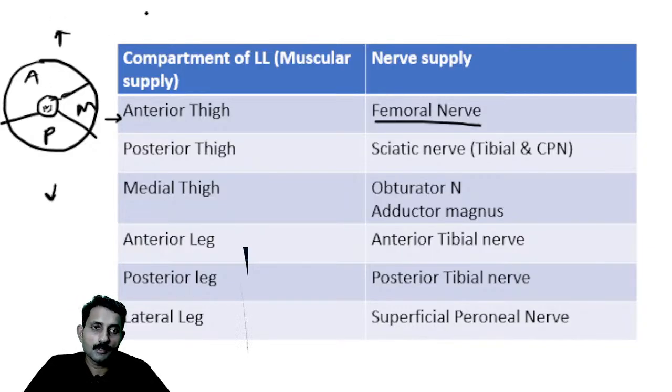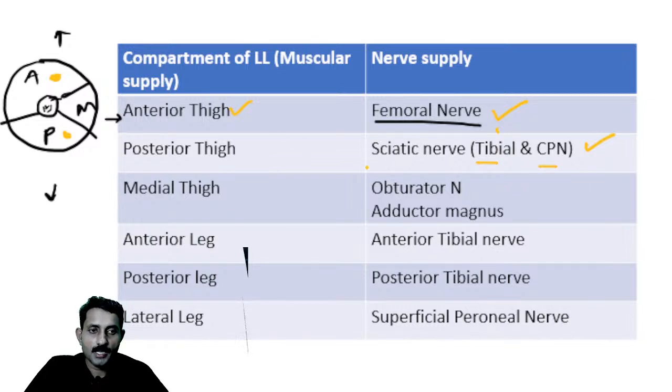So what is the nerve of the anterior compartment? The nerve is called the femoral nerve. Most of the muscles are supplied by the femoral nerve. On the posterior part of the thigh, the nerve is the sciatic nerve, which, as I just told you, divides into tibial and common peroneal.